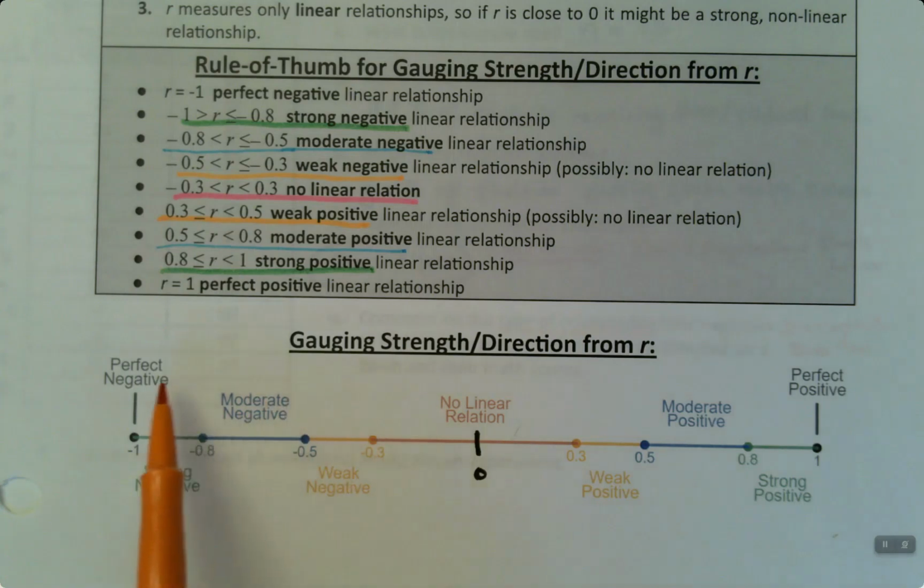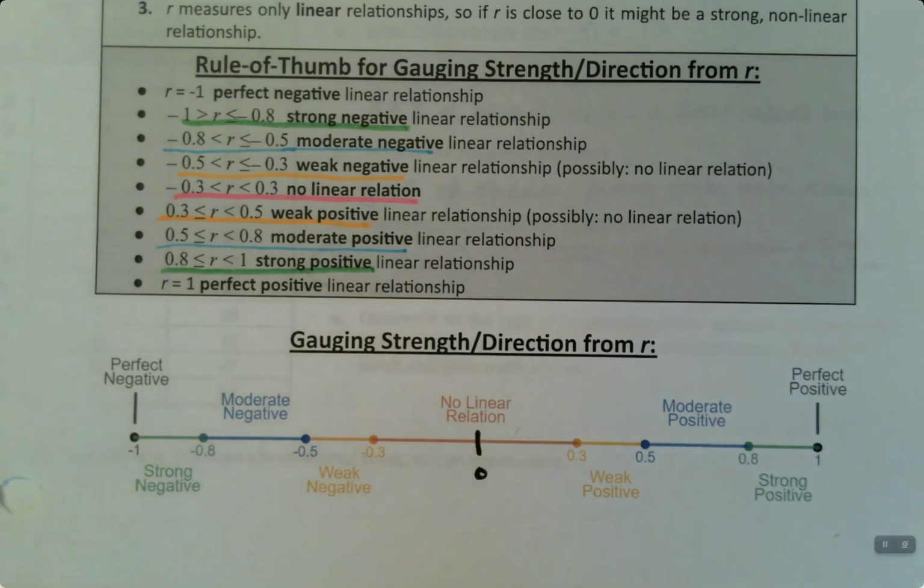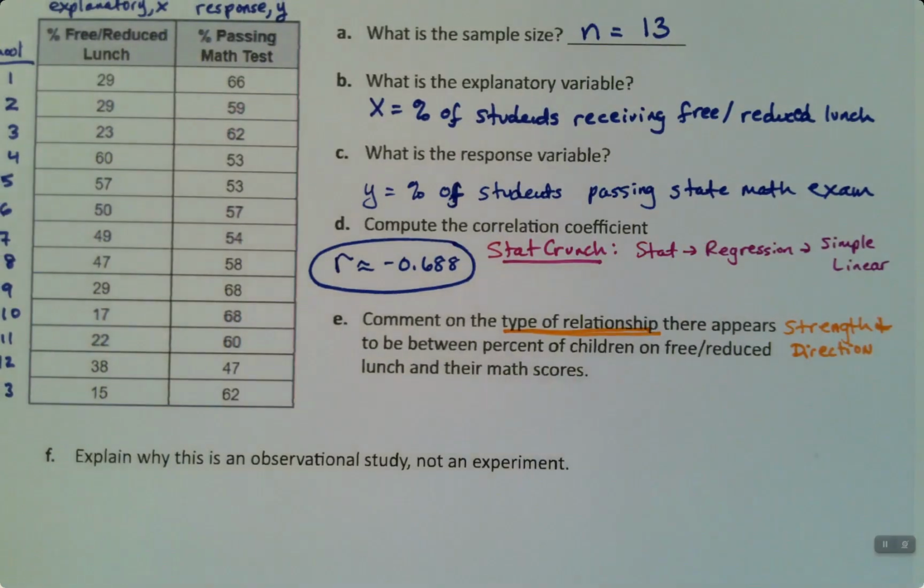We know it's not perfect, and we know it's not no relation. So we're over here on the negative side of the house. Technically, we could have no relation if it was like negative 0.1. But we have negative 0.6, which is in here. That's the moderate negative zone. Okay, so moderate negative. That's what I'll put.